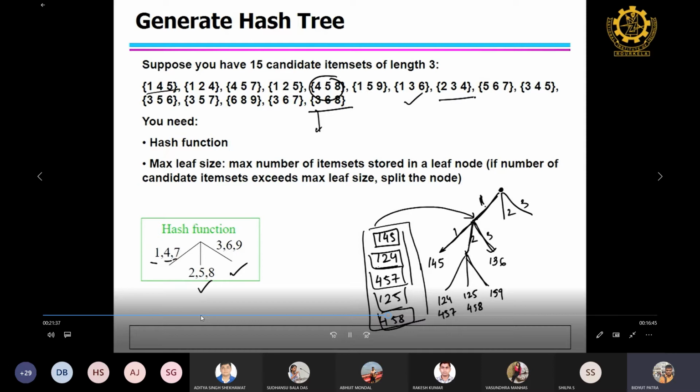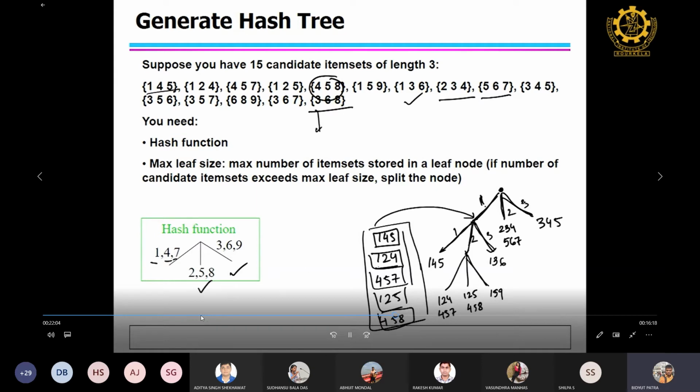Next is 234. 2 means here, so you write 234. Next is 567. 5 means here, second, and then you write 567. What next? 345. 3 4 means on the right side, then 45, so you write 345.